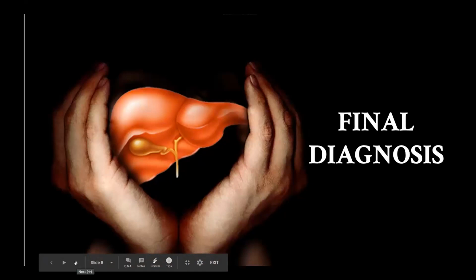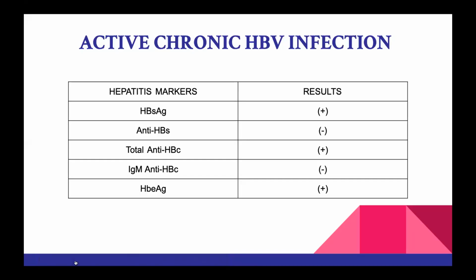So our final diagnosis for this case, next slide please, is active chronic HBV infection. Based on the hepatitis panel result of the patient, the hepatitis B surface antigen is positive, indicating there's a hepatitis B infection. Then the anti-HBs, the antibody to the HBs antigen, is negative, indicating no immunity to hepatitis B. Then the total anti-HBc, the antibody to the hepatitis core antigen, is positive, indicating the infection is either acute or chronic.